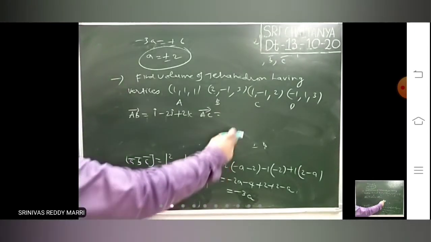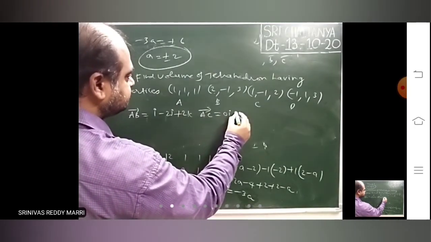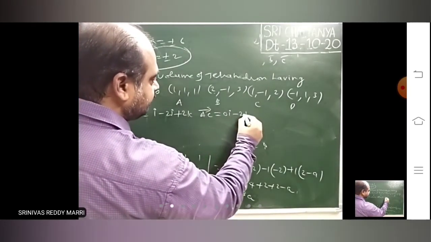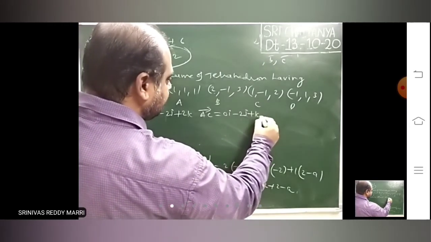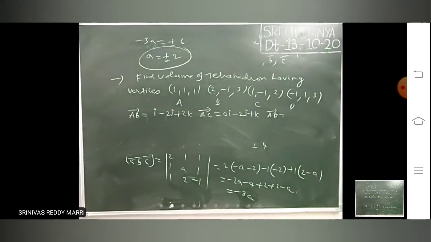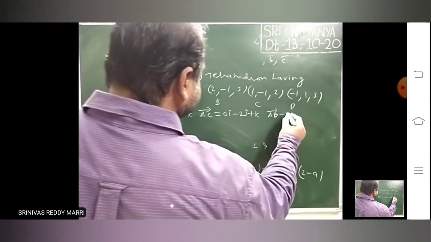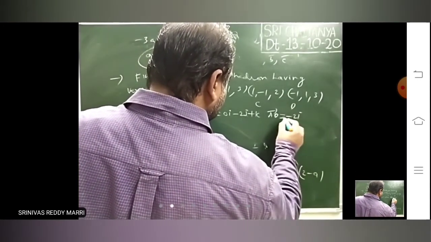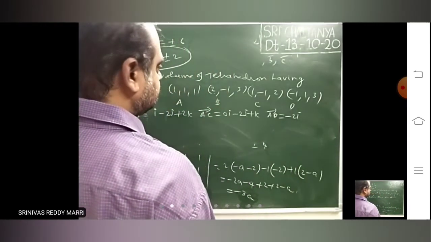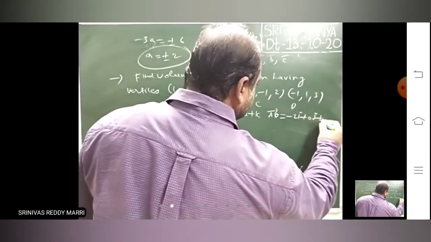AC bar means OC bar minus OA bar: 0i minus 2j plus k. AD bar means minus 2i plus 0j plus 2k.